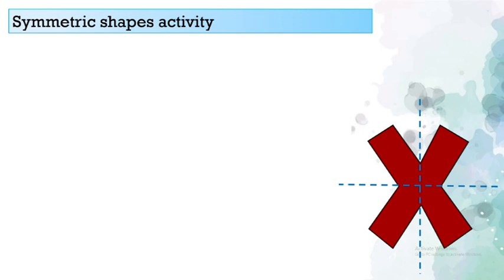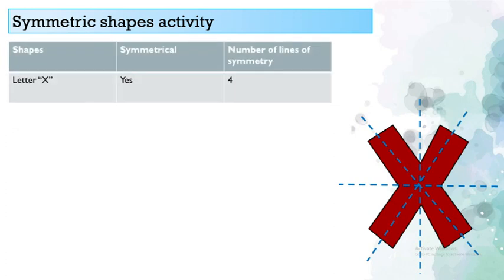Then you can notice 2 lines of symmetry. Yes, we can divide it diagonally. Letter X has 4 lines of symmetry.